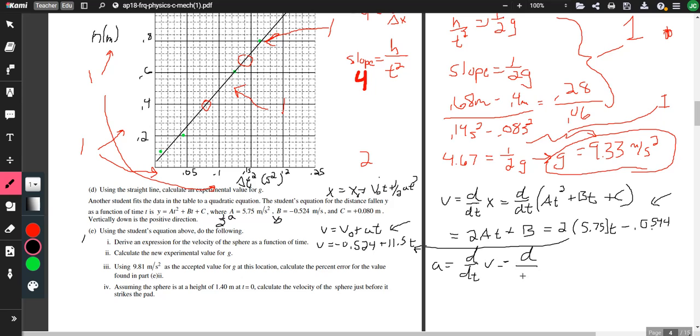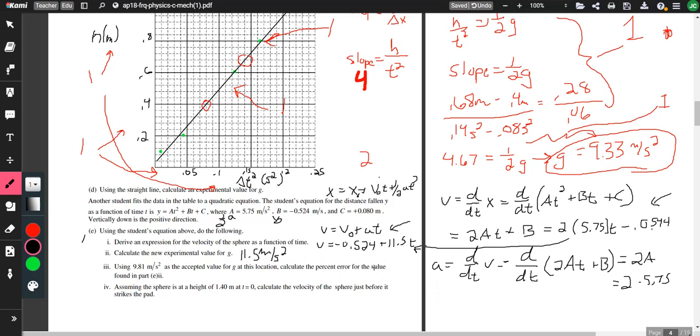So I'll be doing the derivative of 2at plus b with respect to time. The b drops out, and I'm left with 2a. I could plug in a again, 5.75, to get that this is going to be 11.5 meters per second squared.